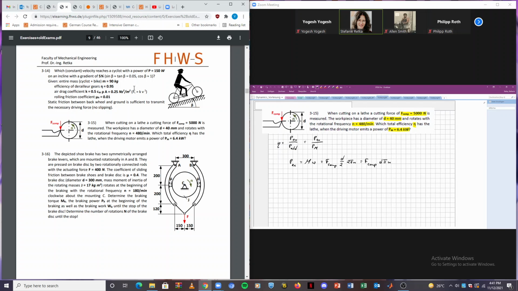So now we have to make sure to use the correct dimension of the individual components. It probably helps if you state the values before putting them in the calculator. Then we have the diameter, which is 40 millimeter, so 0.04 meter, pi, and the rotational frequency with 480 per minute, which we have to convert to seconds.